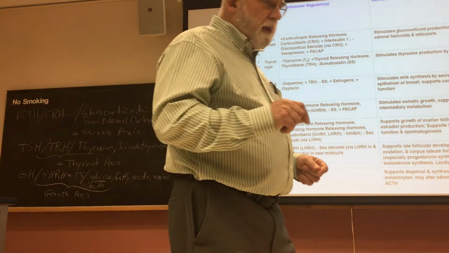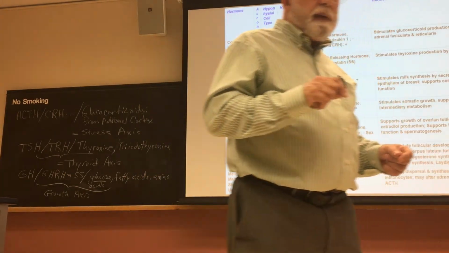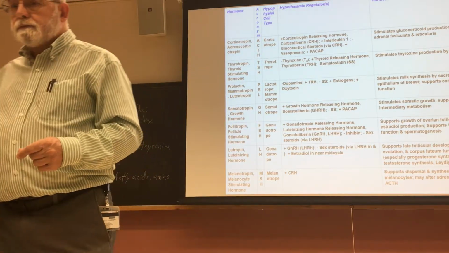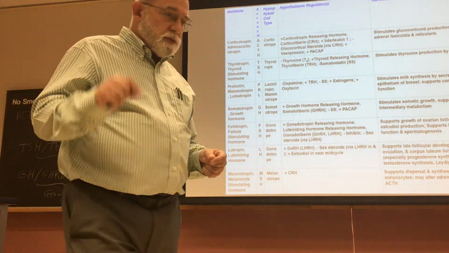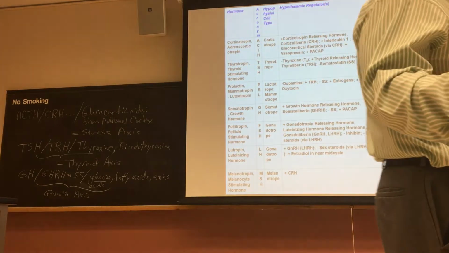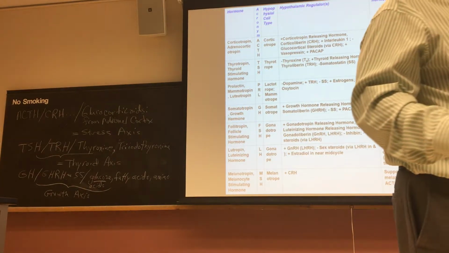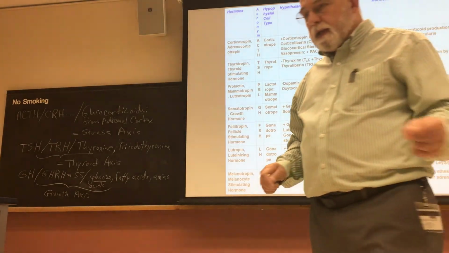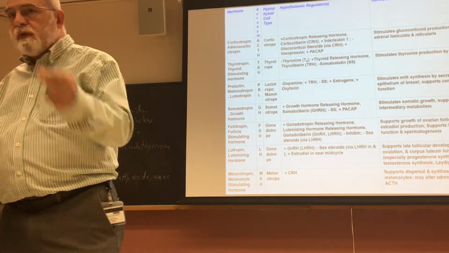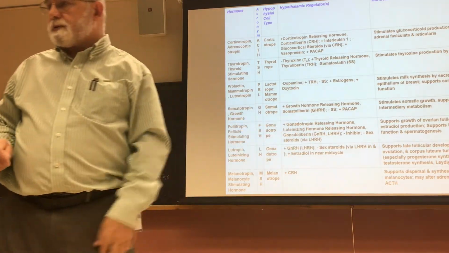The alpha inhibin is made by females during the luteal phase, during the latter half of their cycle. Beta inhibin is made by males, and it's made by females in the early portion of their cycle.